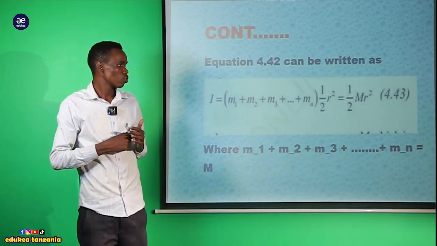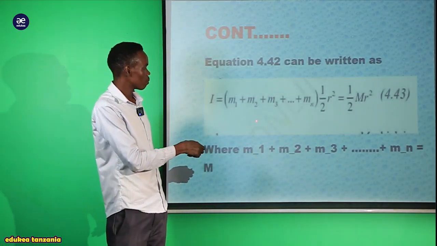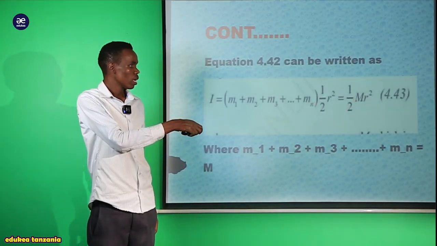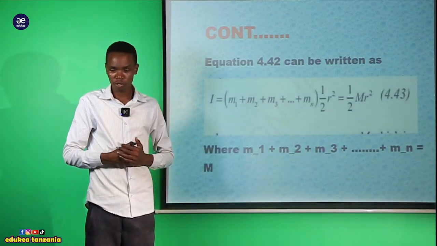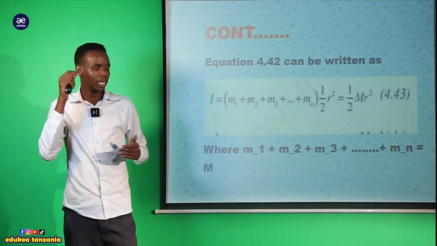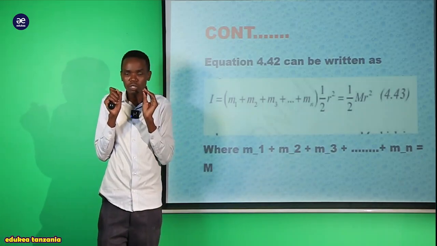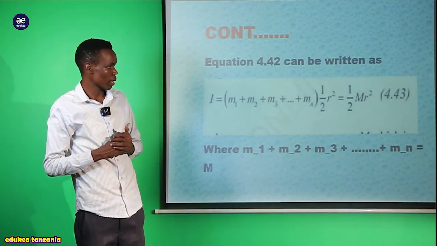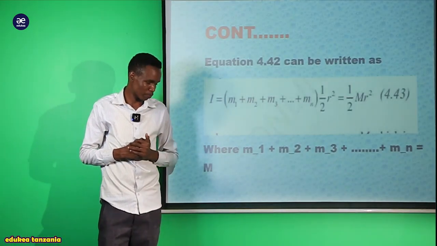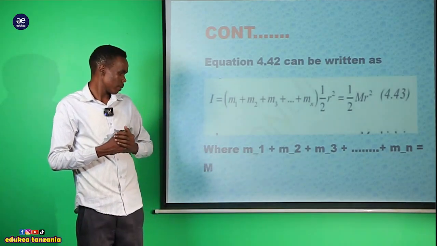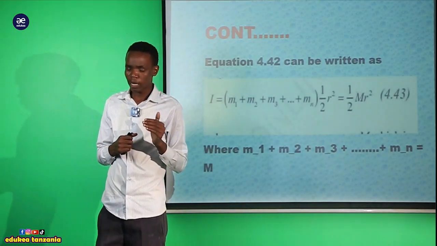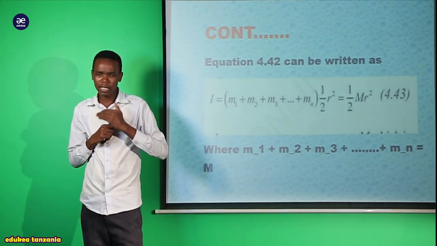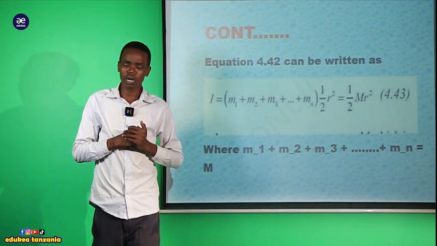When we factor it out, instead of writing m1, m2, m3 up to mn, we write capital M, the sum of the individual masses of the disks. Now the moment of inertia should be equal to half M r², and this will be our equation number 4.3 for our fourth topic, where M is m1 plus m2 plus m3 and so on, the masses of the disks.